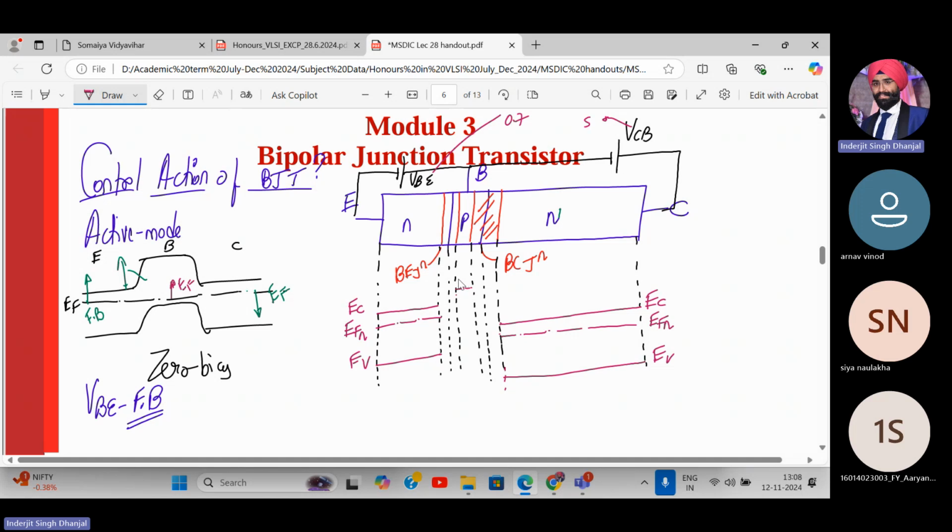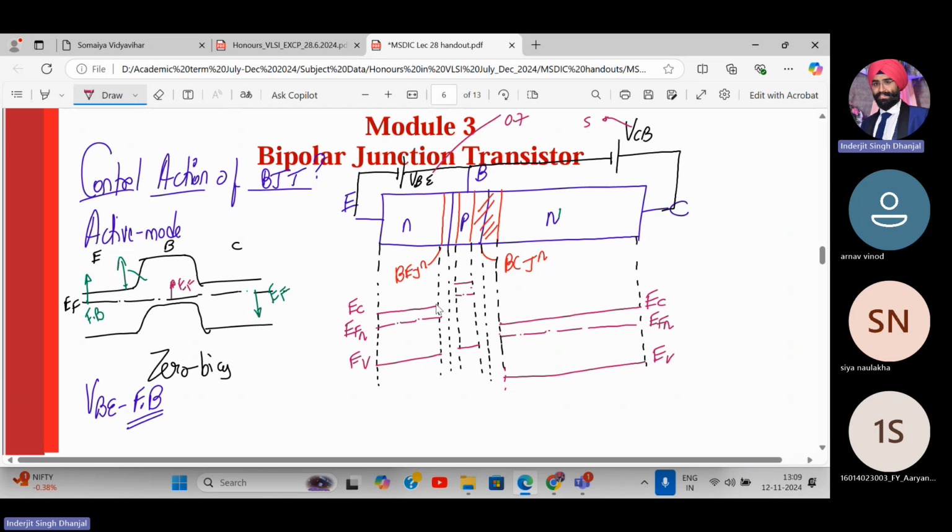So now if I draw the EC level, here it is. This is EC, EF and EV. Now how to draw it? Let me draw it tightly. This is EC, EF and EV.